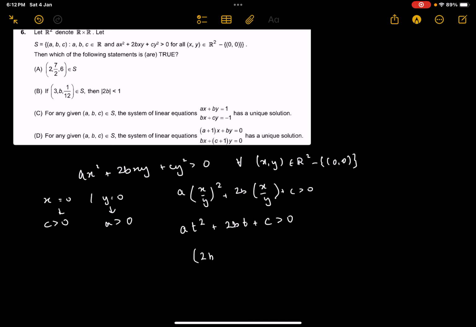So b here is 2b, so (2b)² − 4ac is less than 0, so b² − ac is less than 0.